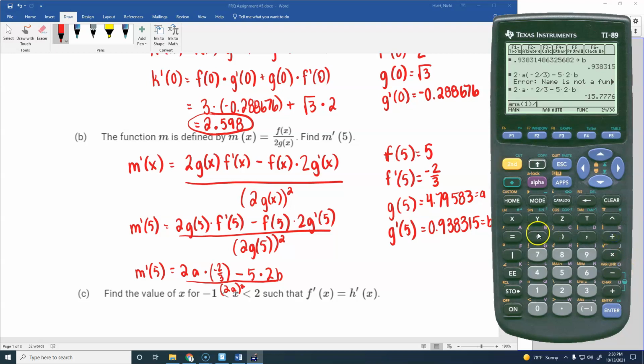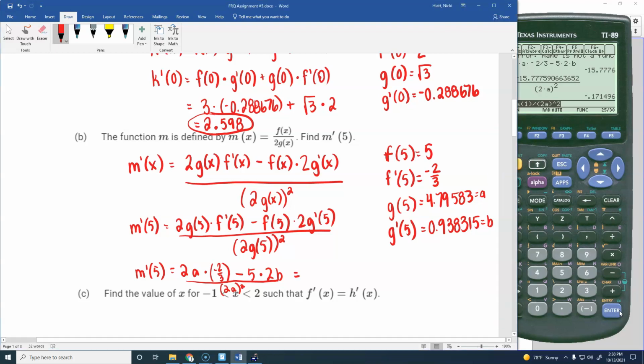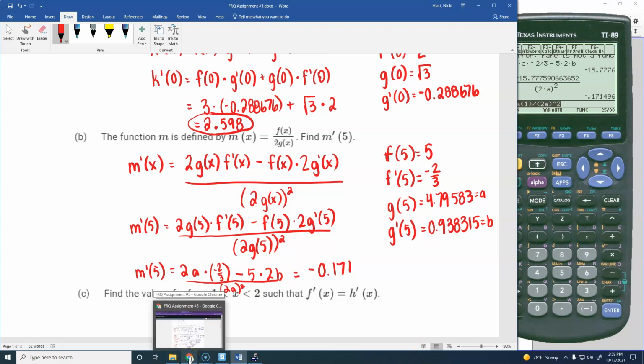And that's over 2A squared. And so we're getting negative 0.171. I do need to make sure I'm getting this right. Check that. 2A squared.